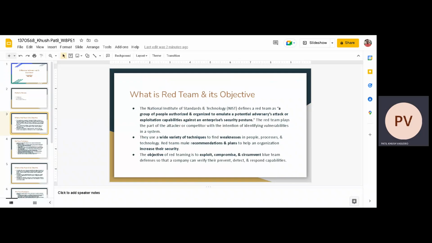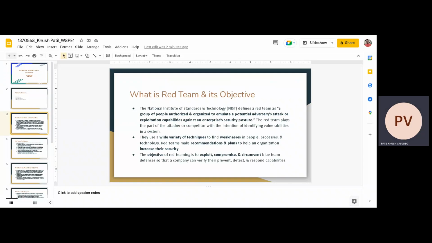They use a wide variety of techniques to find weaknesses in the people, process, and technology. They make recommendations and plans to ensure that the organization increases its security to the highest level.